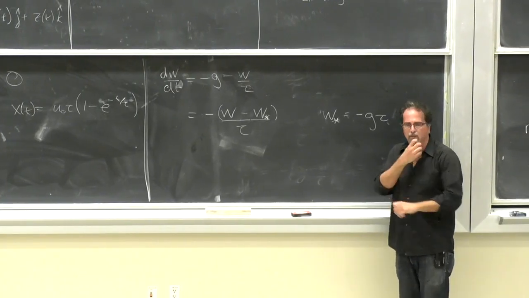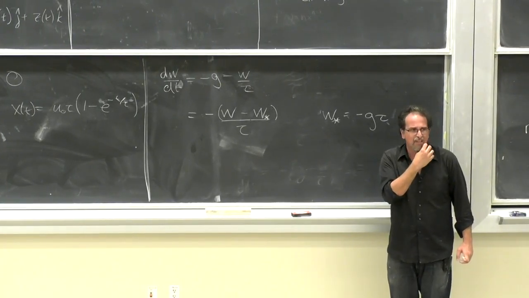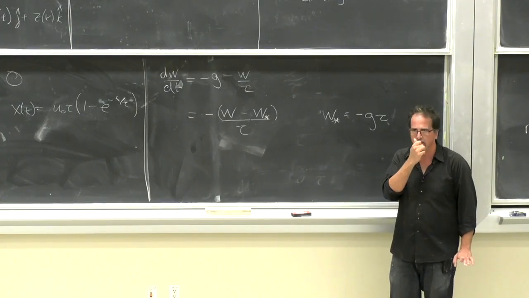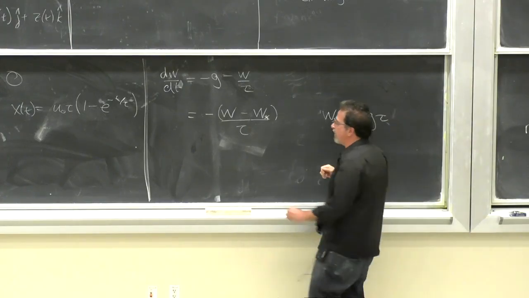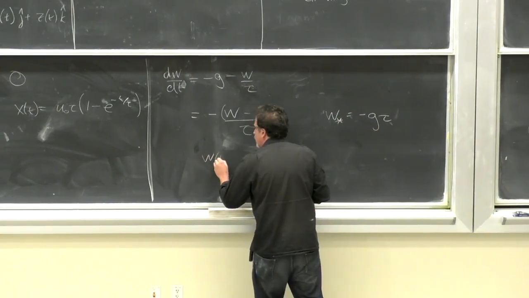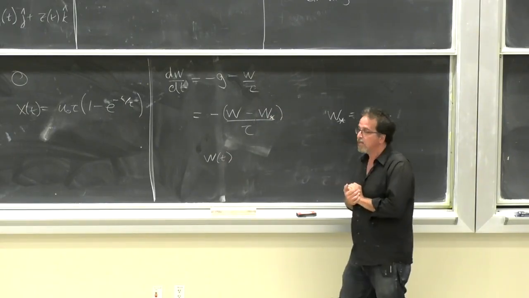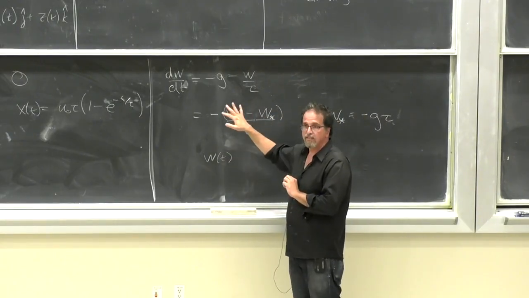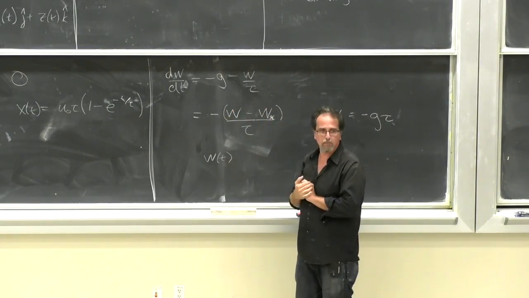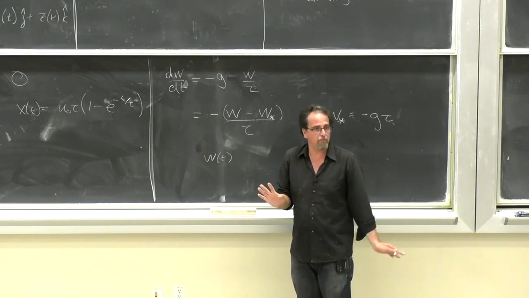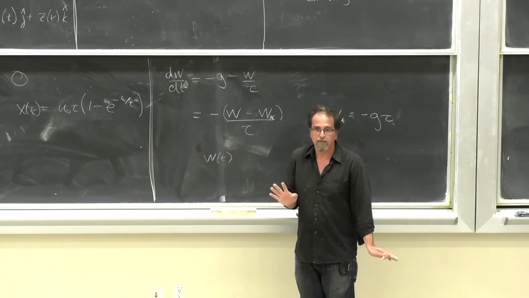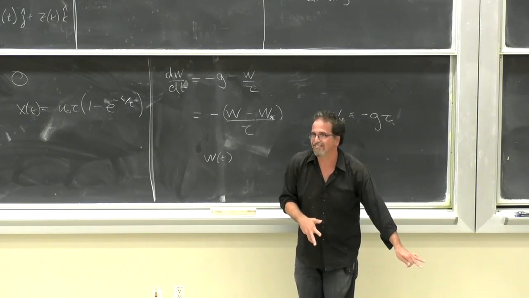Okay? And you can say, why did he do that? Well, I want to find W of t in all of this. And this is a little more complicated than the previous equation. But I'm going to make it super, super simple right now, because I'm going to make one more substitution.